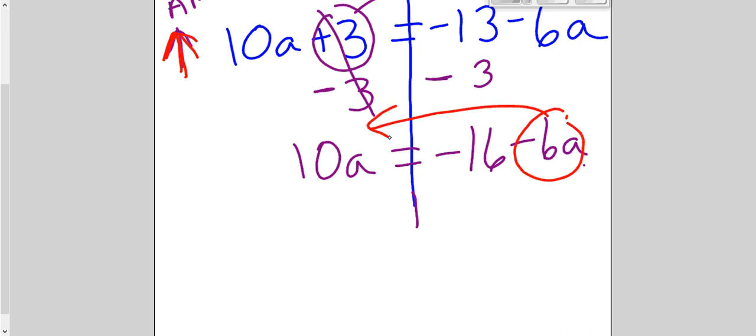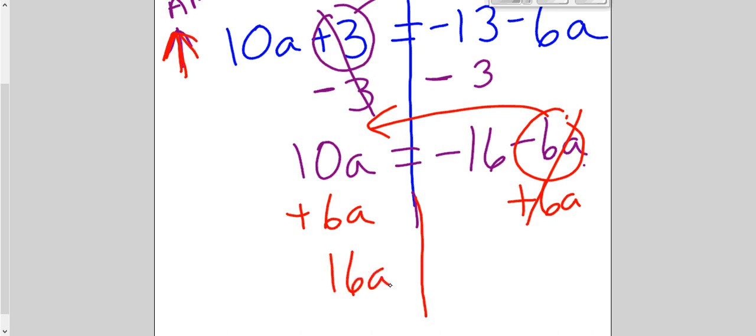How do we undo subtraction? We add, so it's plus 6a to both sides. It's okay that it has a variable with it, you can still move it. So those will cancel out, and then 10a plus 6a is 16a equals negative 16.